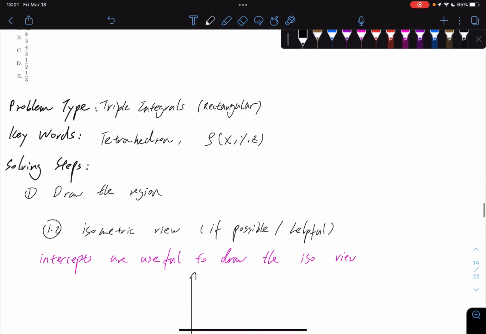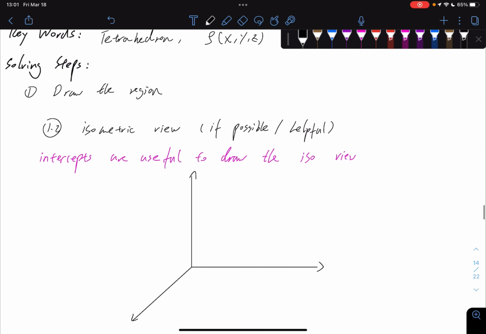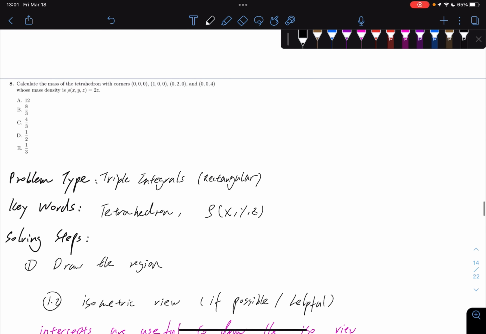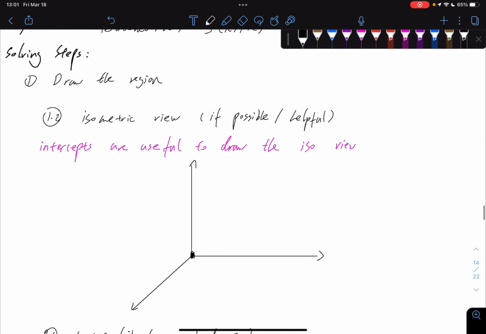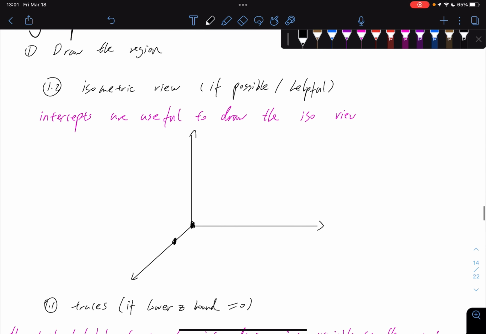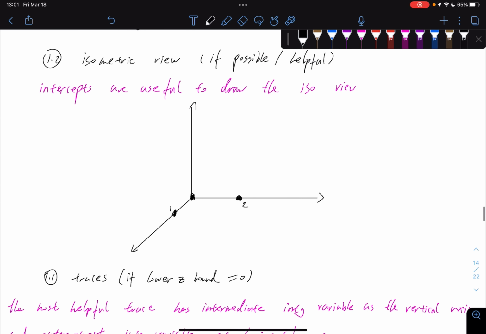So what are the points? So first one, 0, 0, 0, and then 1, 0, 0. So 1, 0, 0, 0, 2, 0, and then 0, 0, 4.